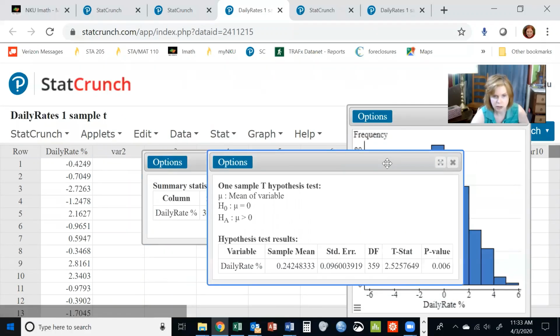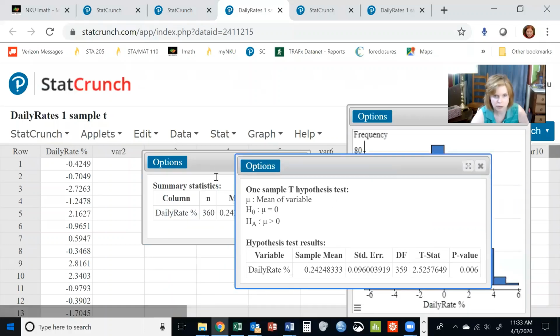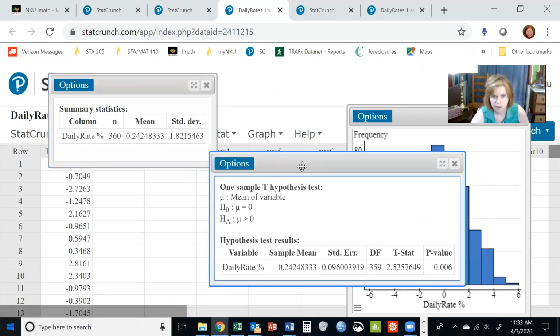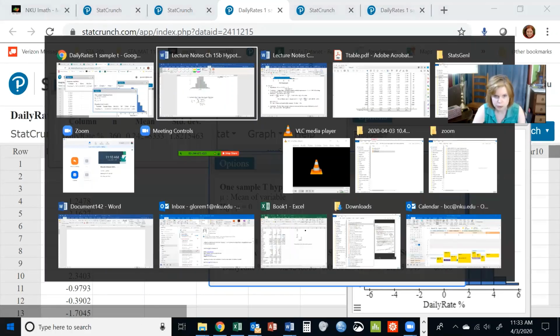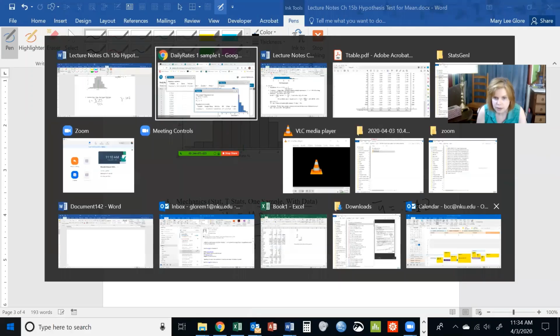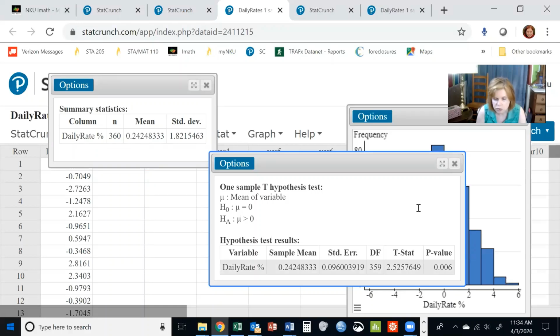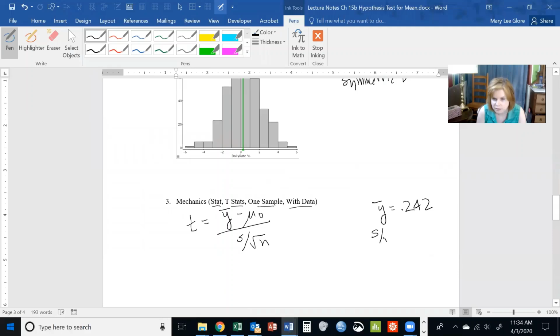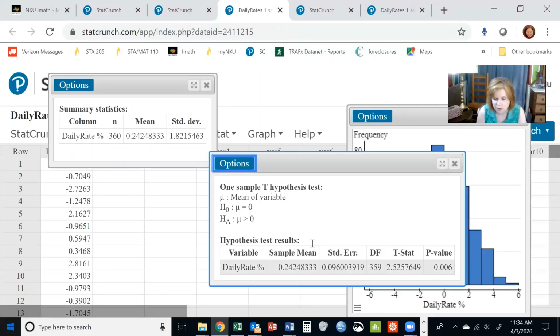From here, the output tells me the sample mean, that's y bar, is 0.242, and the standard error, which is s over the square root of n, is 0.096. Degrees of freedom are 360 minus 1, 359.